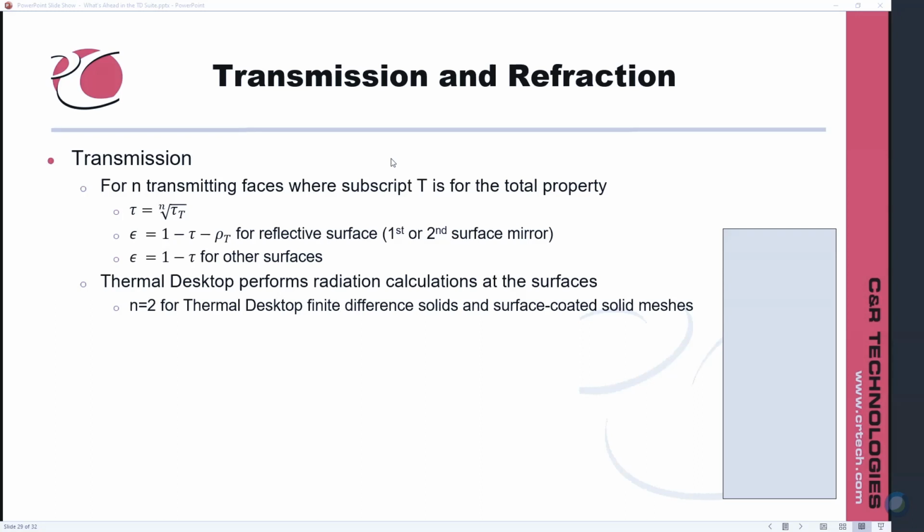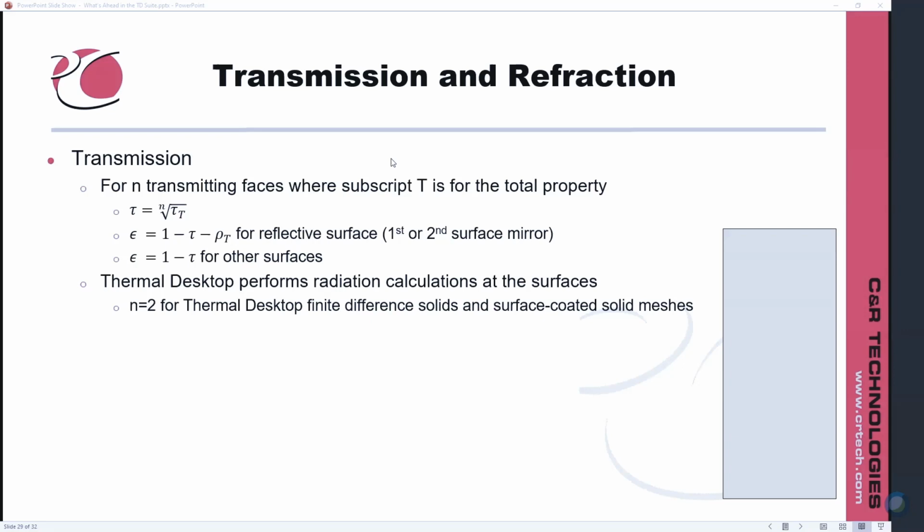Common questions that come up, I want to address a little bit with transmission and refraction. With transmission of radiation through objects, for any number of transmitting faces, where subscript T is the total for the entire object, the transmissivity of each surface is the nth root of the total transmissivity.